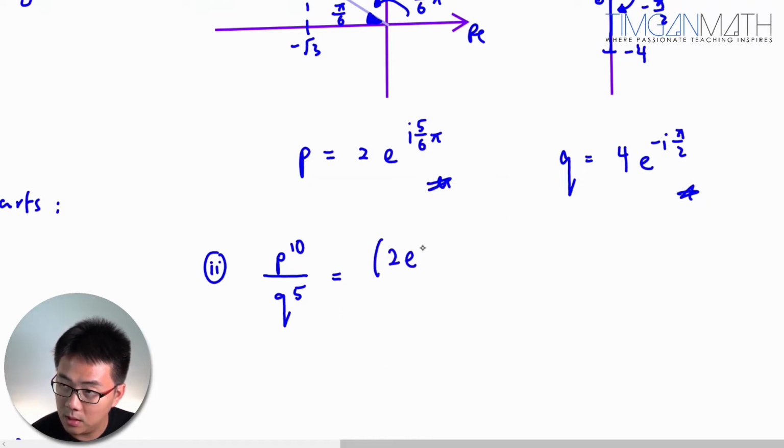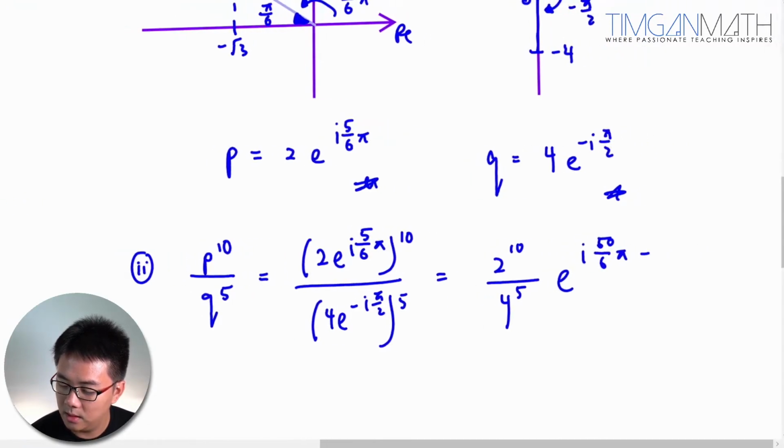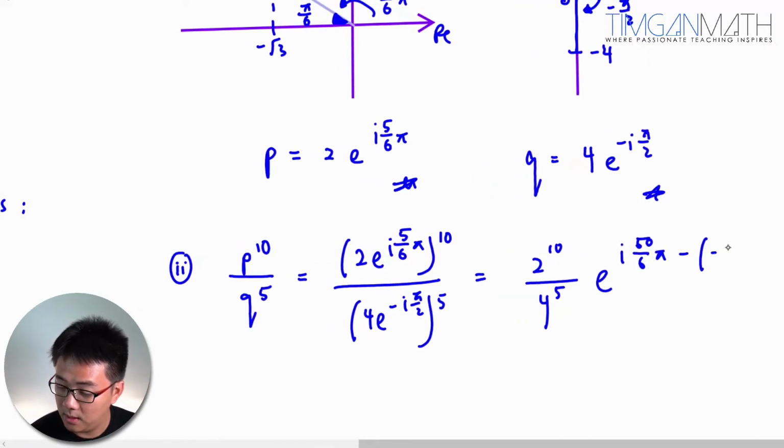So this is 2e^(i 5/6 pi) to the power of 10 over 4e^(minus i pi/2) to the power of 5. Alright, I'm just going to leave it in index form because it's easier. So this is 50 over 6 pi minus 5 over 2 pi. So I think this is okay.